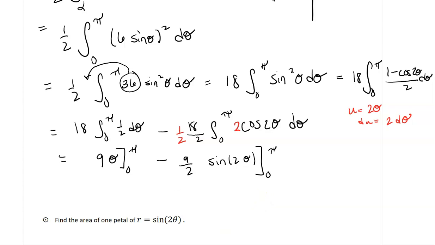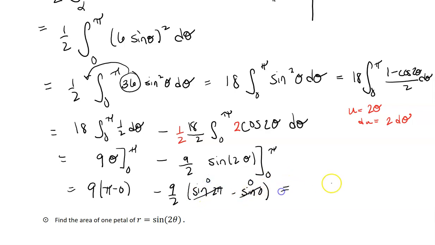Now we just evaluate, and we'll have 9 pi minus 0, minus 9/2 times sine of 2 pi minus sine of 2 times 0. Of course we know that this is 0 and this is 0, so I really just get 9 pi. Units squared is my answer, because it's units of area.